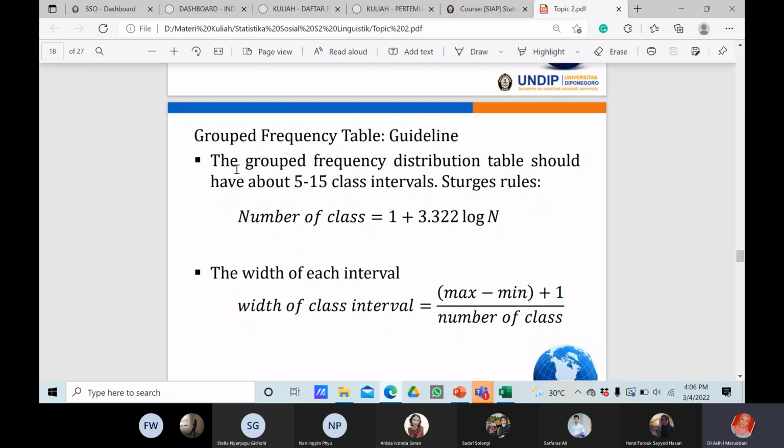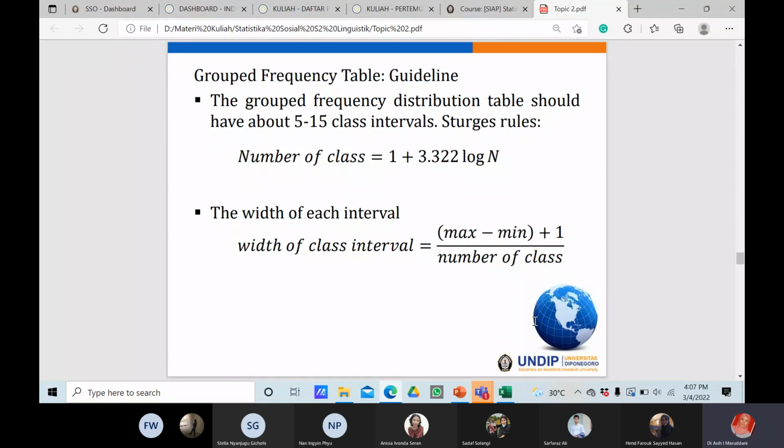N is the number of data. The group frequency distribution table should have about 5 until 15 class intervals. With the Sturges rule, we got this formula. And the width of each interval can be counted by maximum value minus minimum value plus 1 divided by the number of class.